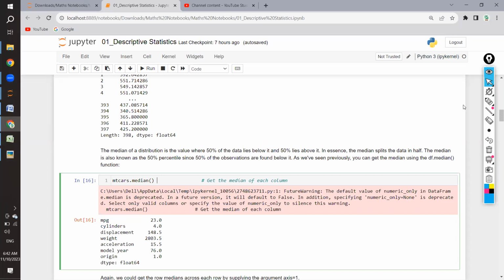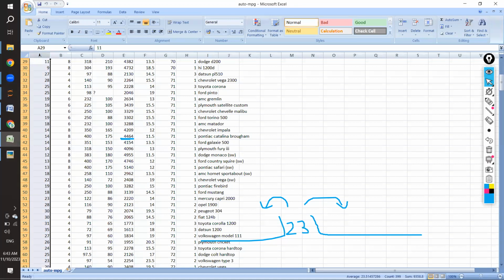That means 50% of the values out of the total will be less than 23, and the remaining 50% will be greater than 23. Out of these 398 values, let's say 400, approximately 200 values will be less than 23, and the remaining values will be greater than 23. So that is the concept.